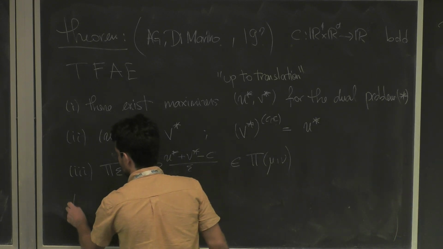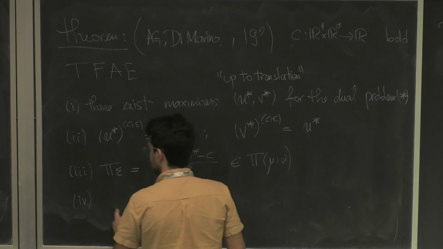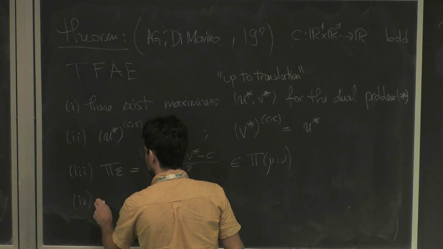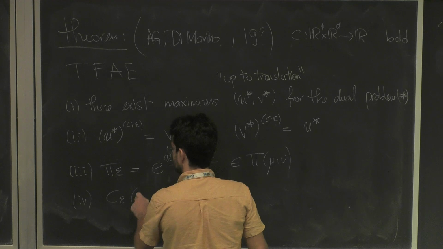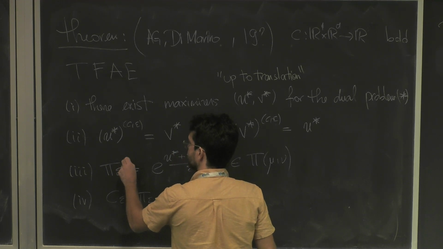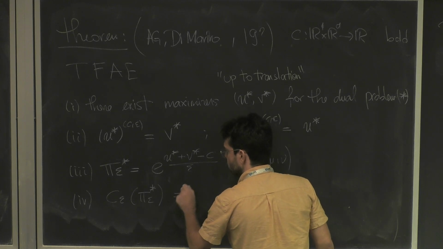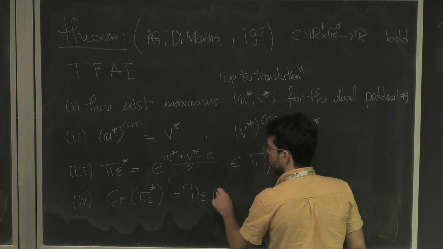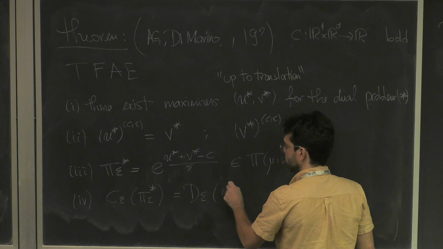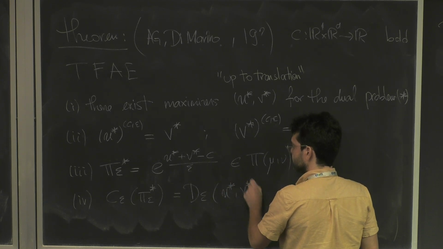And the fourth point is that if you compute, like I did before informally, the cost of pi star epsilon, this is equal to the dual applied to the potentials U star and V star.